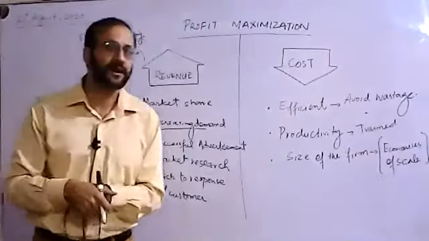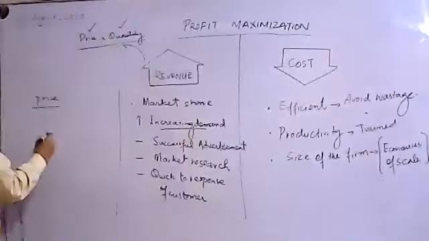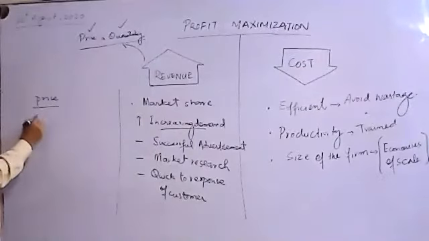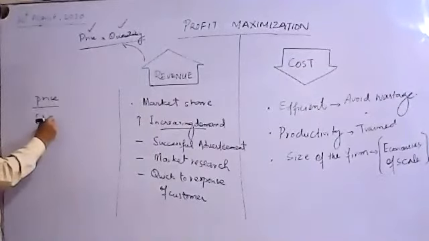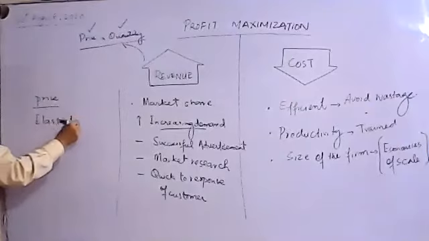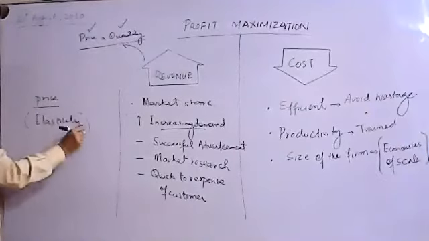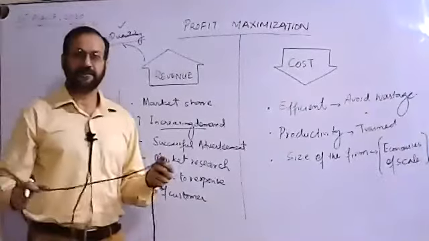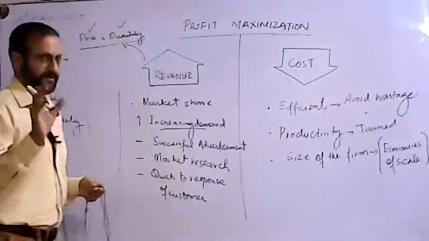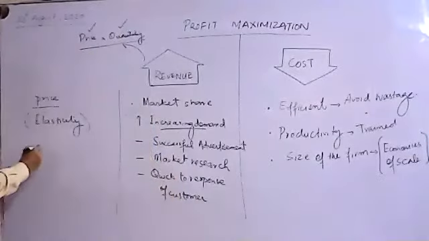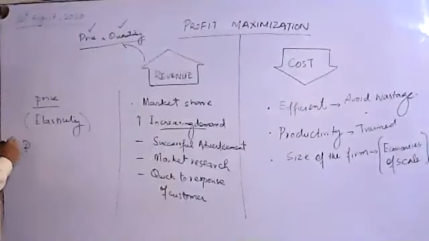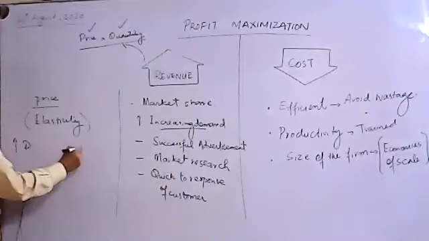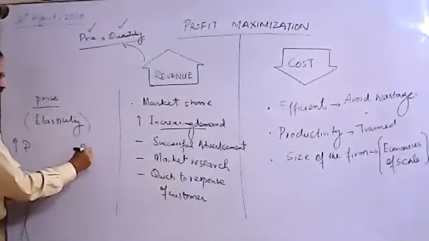Can you guess how it can be done? Through price, it can be done with the help of the concept of price elasticity of demand. If you remember and recall, if the price increases, how can you assume that the revenues could increase?